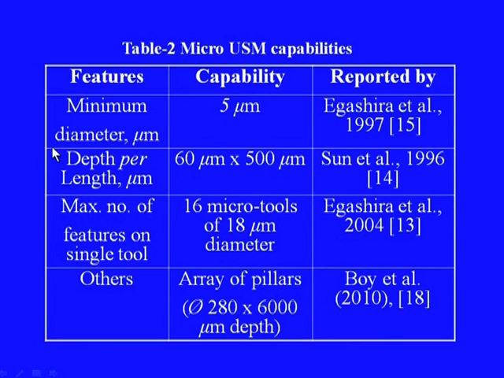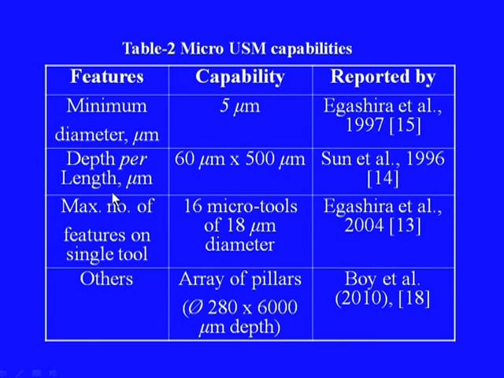The minimum diameter that could be achieved as far as micro machining using ultrasonic machining is concerned is 5 micron, that was reported by Igashira and his co-researchers. This was of course as early as in the year 1997.